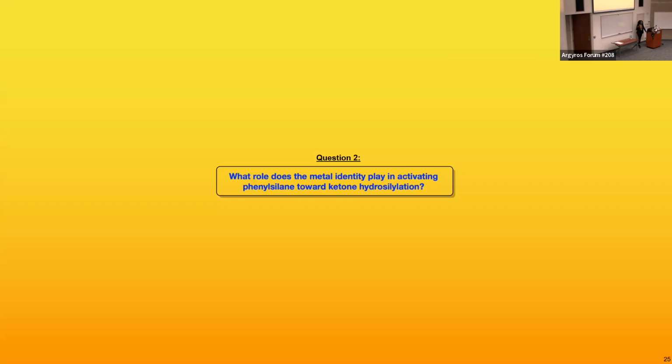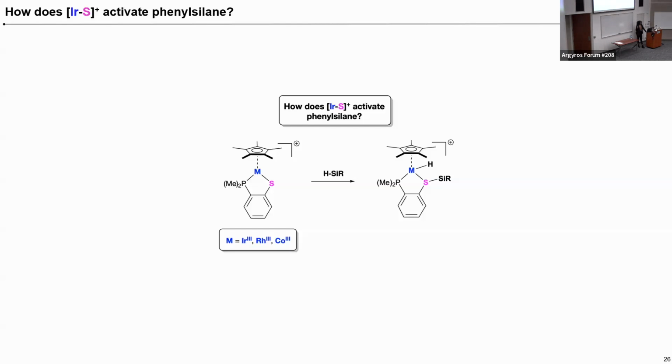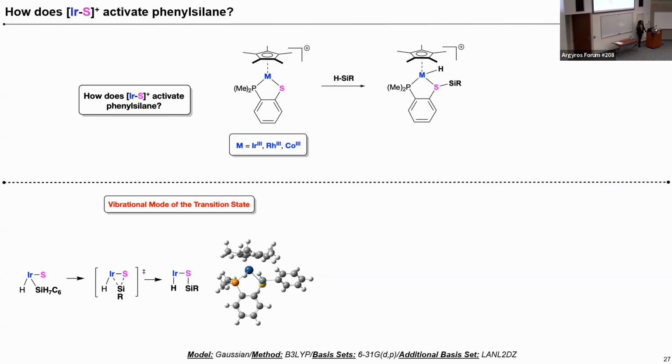So that takes me again to the second question, which is how does the reaction change when activating phenylsilane? And again, I started with the chelated iridium variant. In doing so, the hydrogen and the silicon group both individually bonded to the metal before the bond transferred to the sulfur, and again the distance between the silicon and the hydrogen was fixed as this transformation occurred.